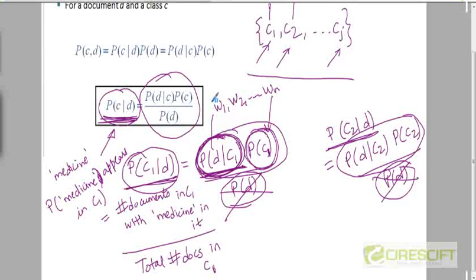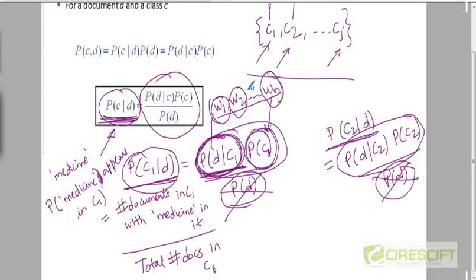So let's think of representing D by the set of terms that appear in it. Think of D as a vector of terms which appear in D. Let's ask ourselves this question: if I'm looking at class C1, what is the probability that I'm going to see the word W1? What is the probability that I'm going to see the word W2?